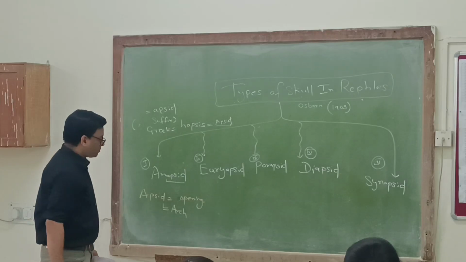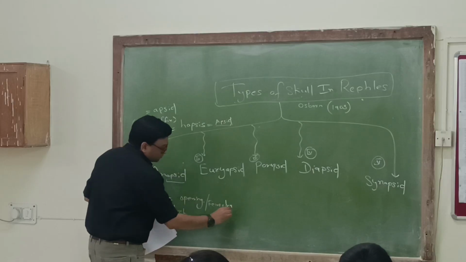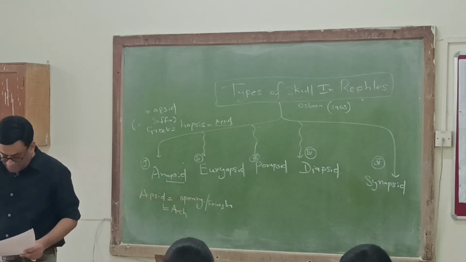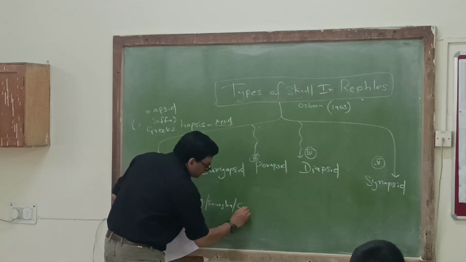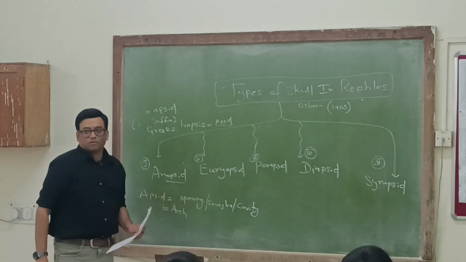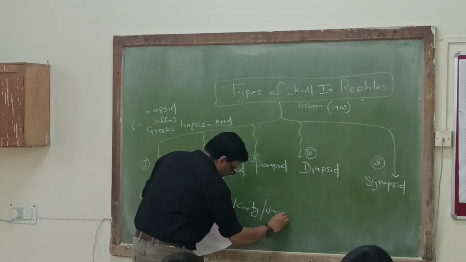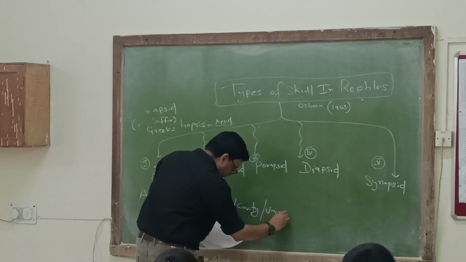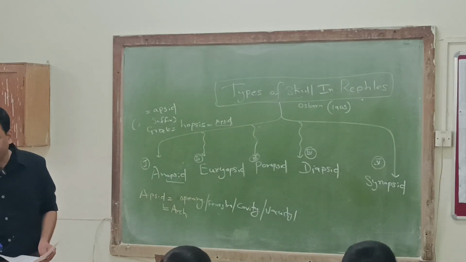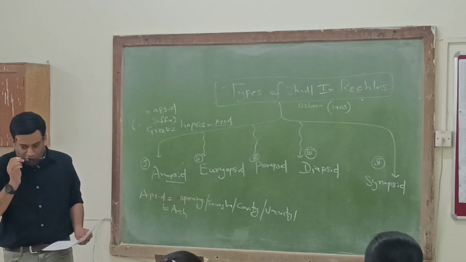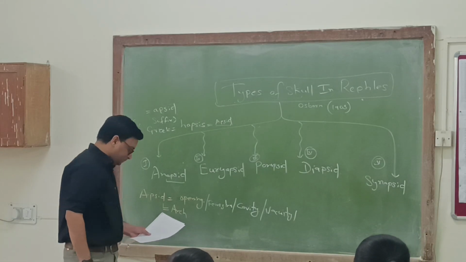Call it an opening or call it a fenestra, or call it a cavity, or you can say vacuity. They all are synonyms. Apsid means arch, and by arch we mean opening or fenestra or cavity or vacuity, or we can say window.